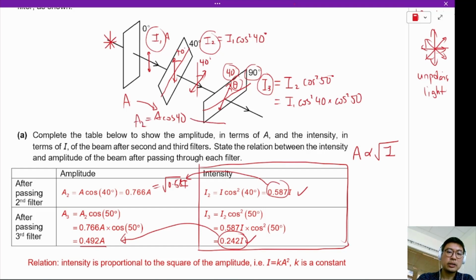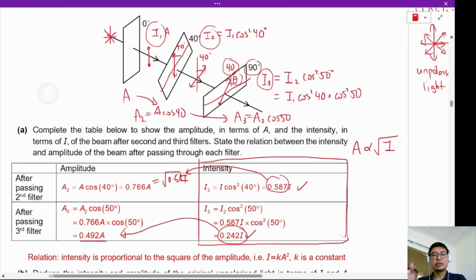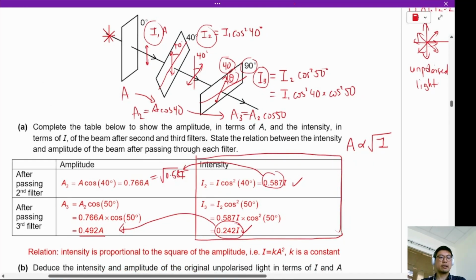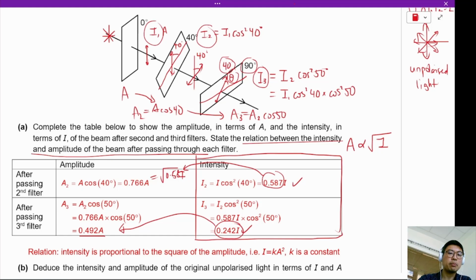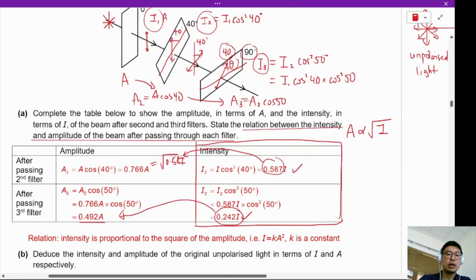Then to pass through the next one, A3 will be A2 cosine 50, because you square root cosine squared. Every time you pass through, the amplitude reduces a little by the cosine of the angle. Now, what is the relation between the intensity and the amplitude of the beam after passing through each filter? The intensity is proportional to the square of the amplitude.